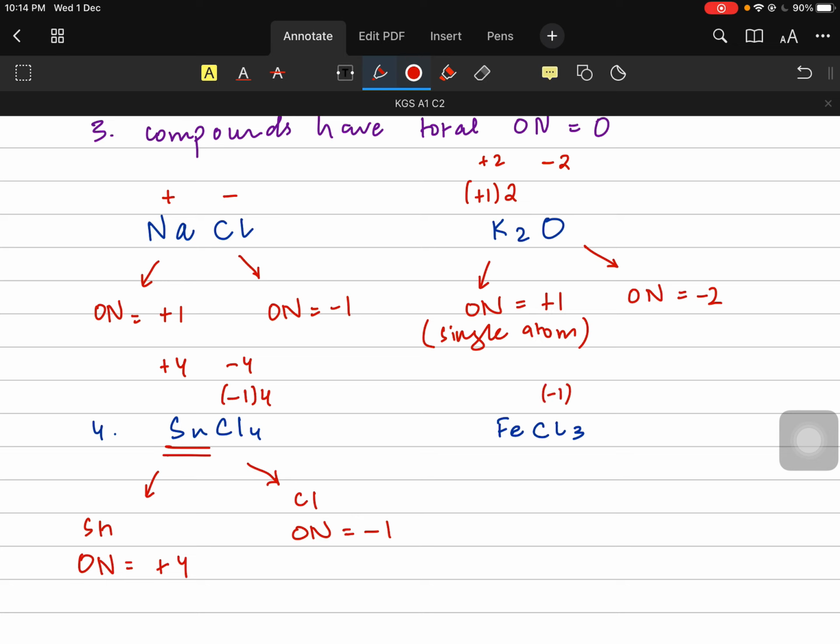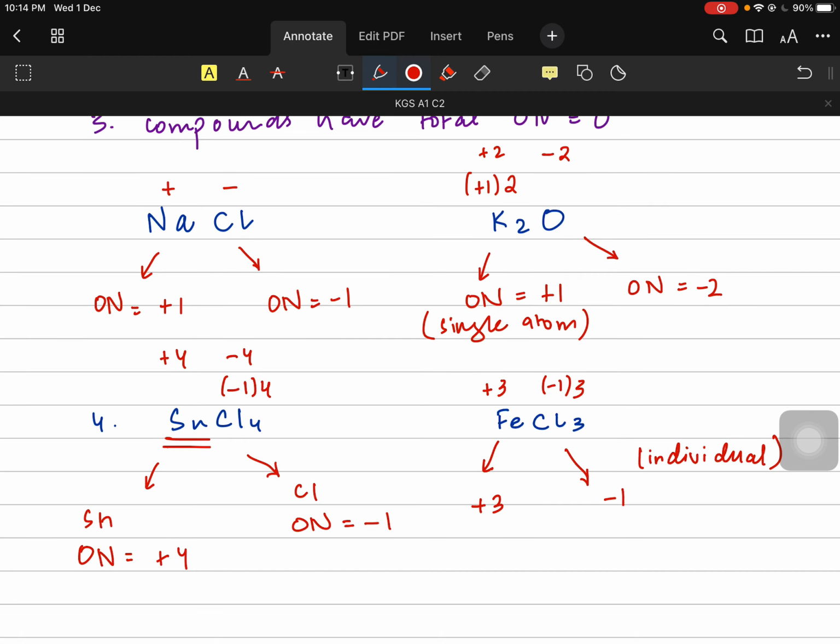There are 3 Cls, which means -3. Iron has to be +3 to counter it, so it becomes +3, and the Cl is individually -1. Again, we write individual oxidation numbers for a single atom, not for a whole group. You don't write -3, because there are 3 Cls. No, we just write it for a single Cl.